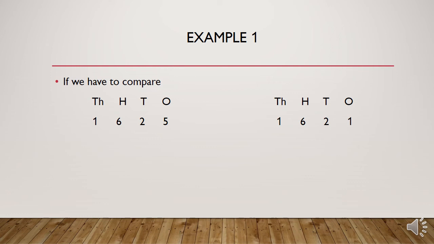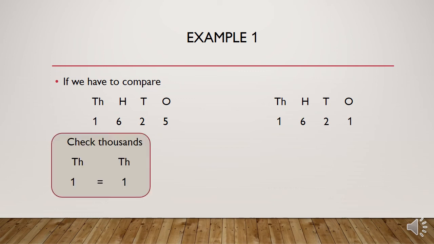If we have to compare two numbers, one number is 1625 and the other number is 1621. First, we have placed these numbers in their respective columns. According to the rule, let's check each column one by one. We first compare thousands. We see that thousands are the same, so we move on to hundreds.